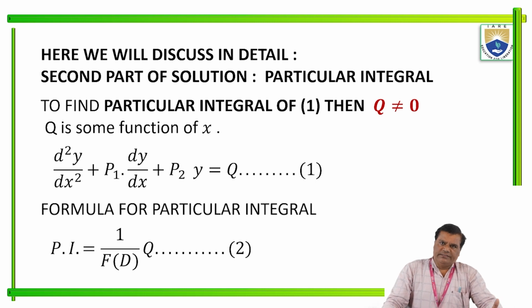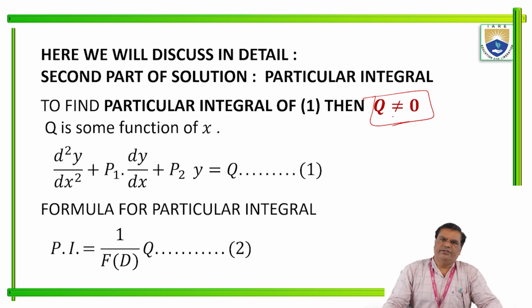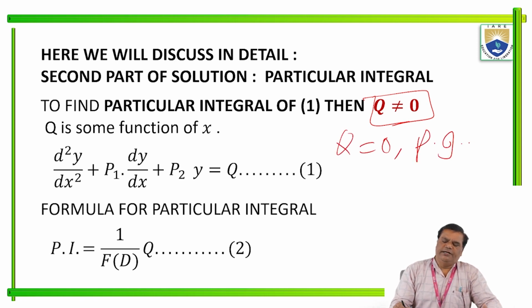Here we will discuss in detail the second part of the solution, the particular integral. To find the particular integral of 1, q is never 0. Q is some given function, then we can find the particular integral. If q is 0, then PI is 0. So q is some function of x that is given in our question.